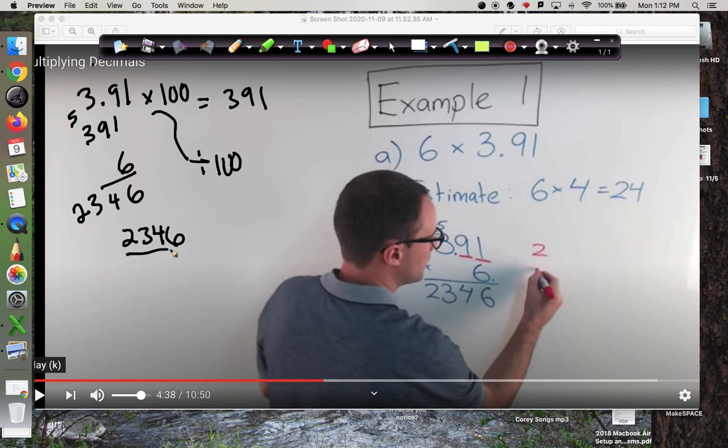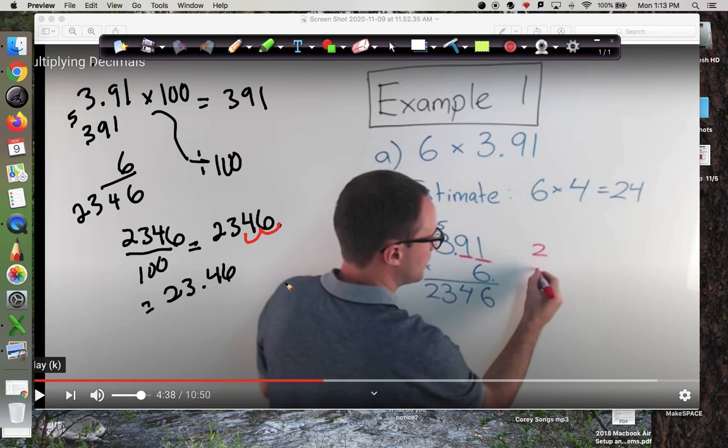So we're going to divide this by 100. That will bring the answer back in line with what it should be. To divide by 100 means we take the decimal, which currently is right here, and we move it to the left two places. That's divide by 10, that's divide by 100.